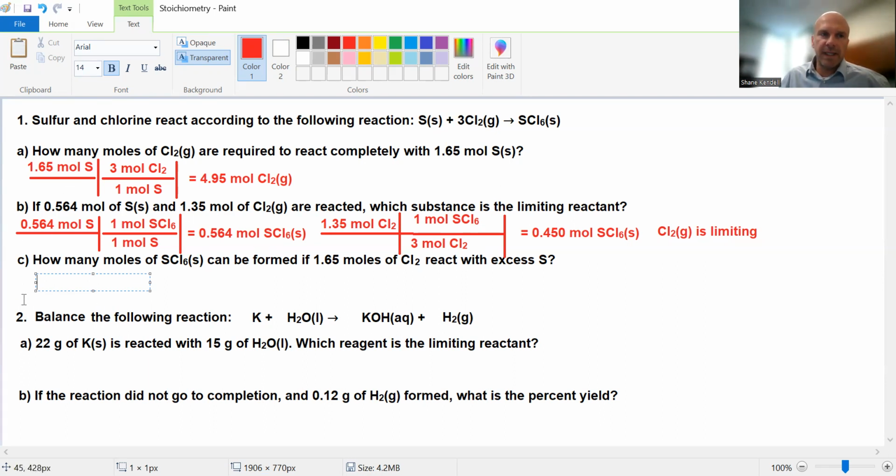These questions B and C often go in tandem. So if you do the calculation like I did here, and again, we were just getting extra practice on how to do these conversions, it automatically sets you up for C. Because C is asking how many moles of SCl6 can be formed if we have 1.65 moles of Cl2 reacting with excess sulfur. Well, then I can follow this same methodology and put it in pretty simply without having to think too much about it.